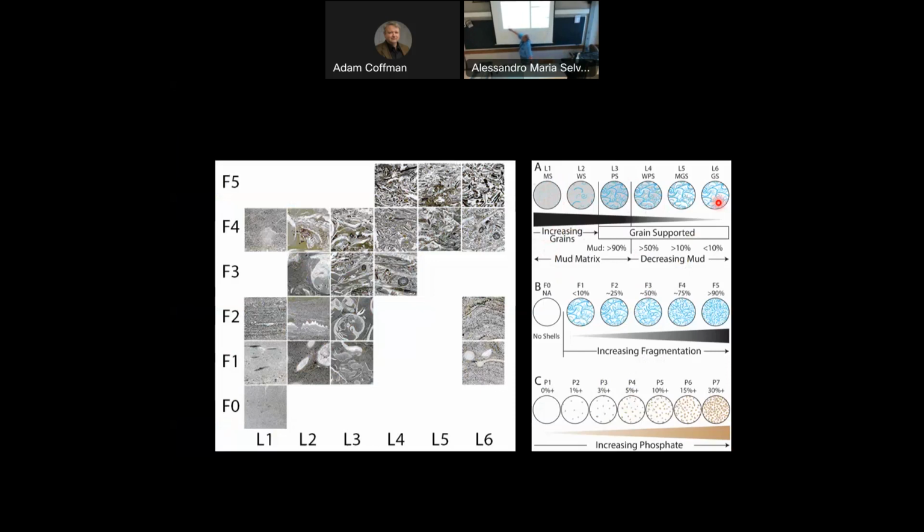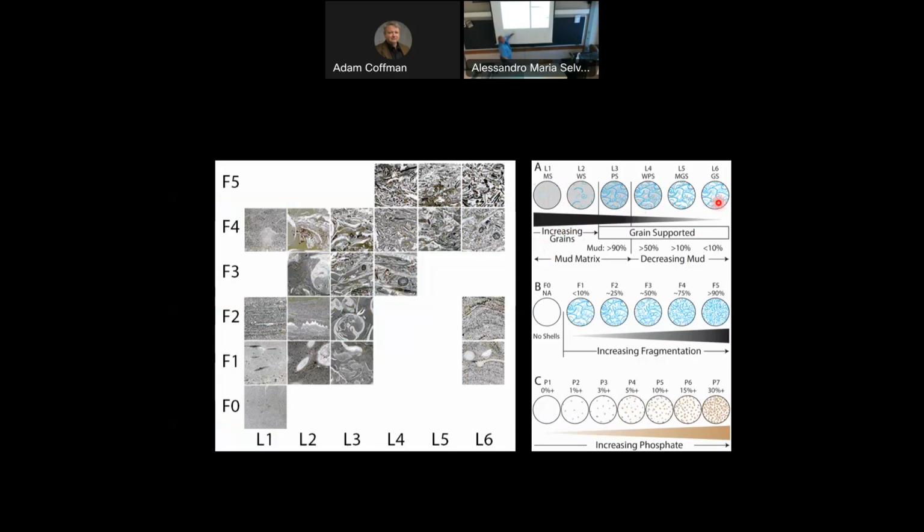Now this is just a few examples of where we place them. Lithology is the one on top with L1 through L6, right? The one in the middle is F0 through F5. F0 is, well, there's nothing to observe, right? F5 is thrashed, completely comminuted, completely ground to bits.